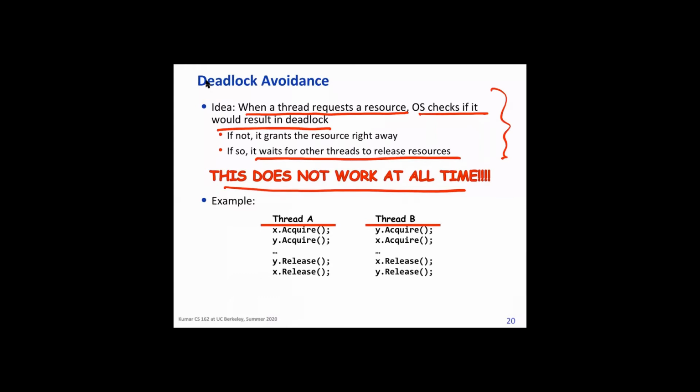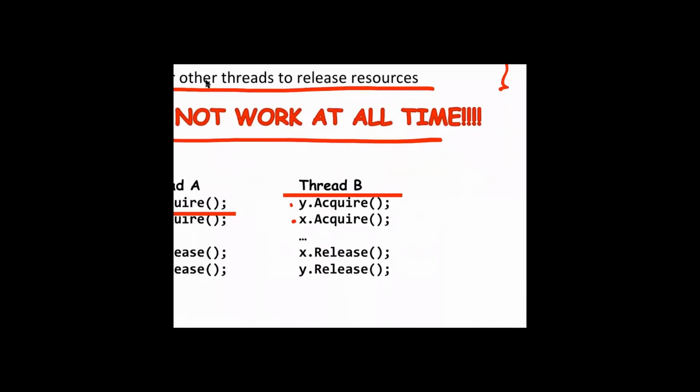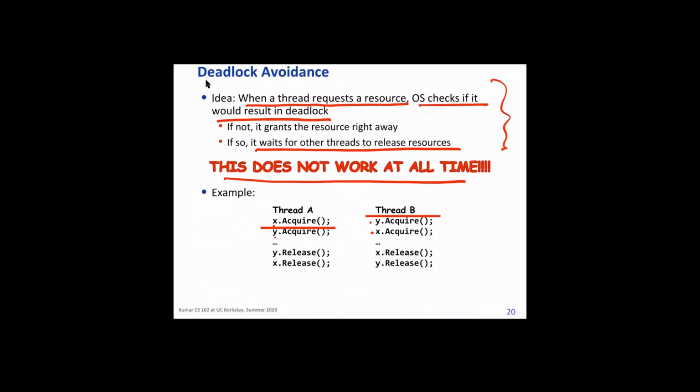This is the example which you studied in the last class. Thread A wants to acquire lock X, thread B wants to acquire lock Y, then thread A wants to acquire lock Y, and thread B wants to acquire lock X. Let's see how it works.